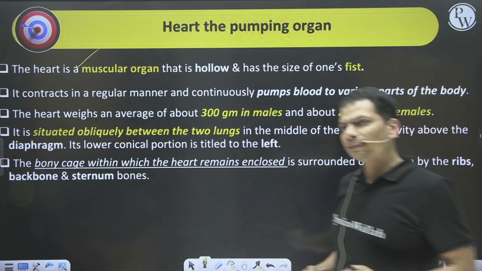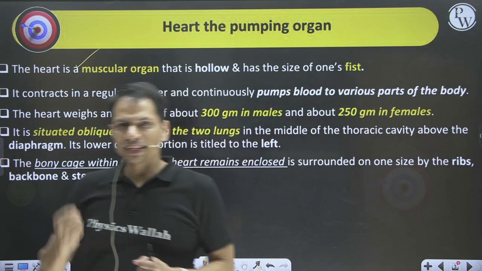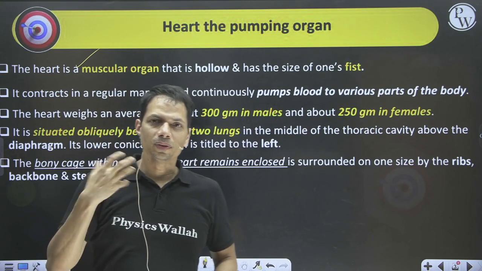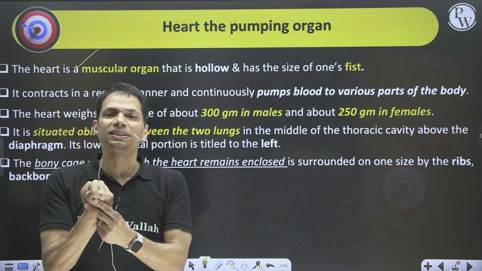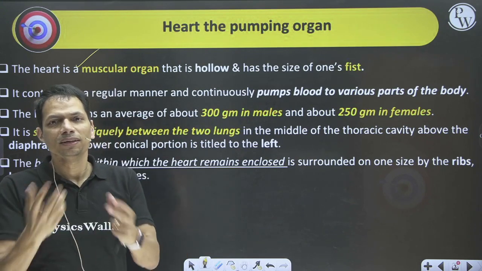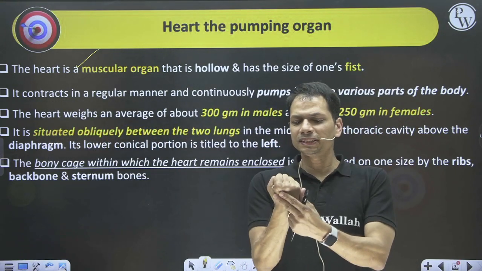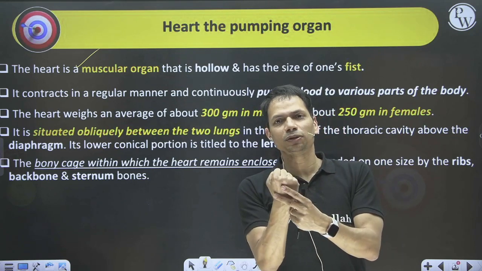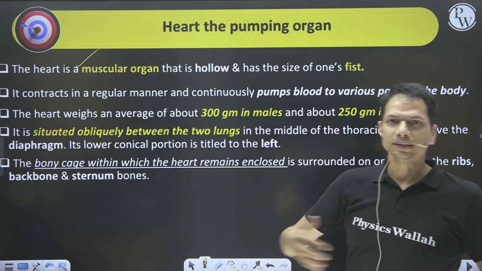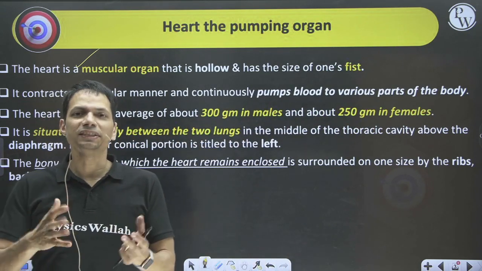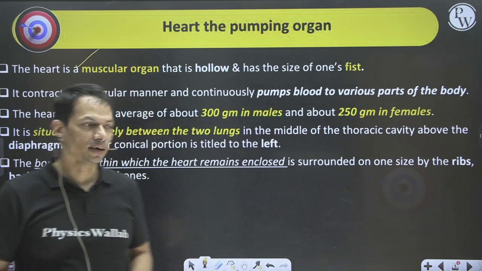The heart shape is like a fist, like if you make a fist of your hand. Whatever fist size you will have, that is the shape of the human heart. So I'm making a fist like this, so this is the size of my heart, right? Based on person to person, the size of this fist will change, so the size of the heart will change.